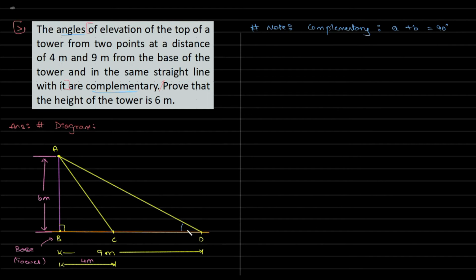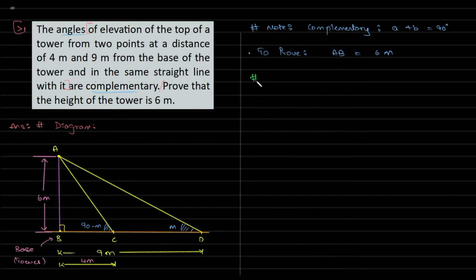So if I take this as angle M, this will be 90 minus M. That's what they're talking about. The angles of elevation from these 2 points are complementary. So if one is M, the other one is 90 minus M. So this is the whole thing. Here we need to prove that AB is 6 meters.